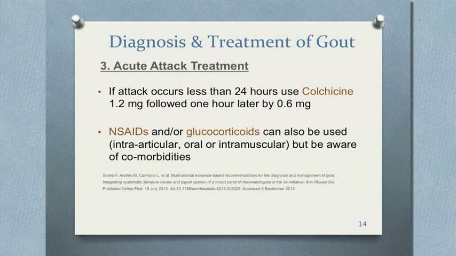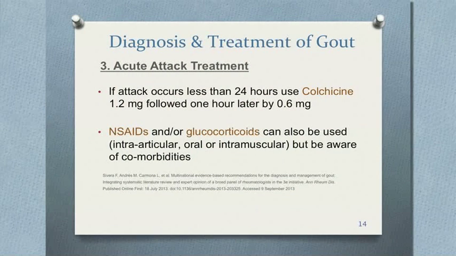And then we evaluate cardiovascular risk factors because we know that gout is associated with metabolic syndrome, and this is an opportunity to discuss with the patients, do they have hyperlipidemia, is their weight, are they too heavy, and do they have diabetes, smoking. So this is an opportunity not to be missed.